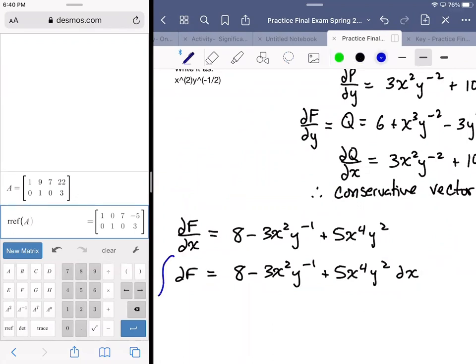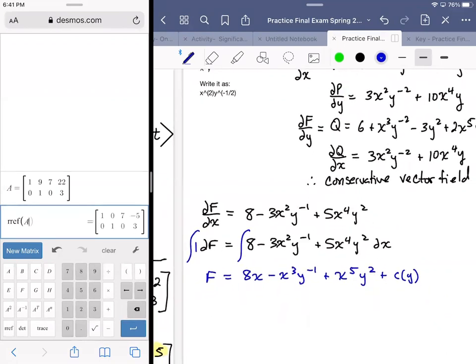Integrate both sides. The antiderivative of 1 with respect to f, partial or otherwise, is still going to give you f. On the other side, with respect to x, I'm looking at 8x minus x cubed y to the negative first plus x to the fifth y to the second plus some constant function in terms of y, so c of y, because that would differentiate down to 0 if you took the derivative with respect to x.